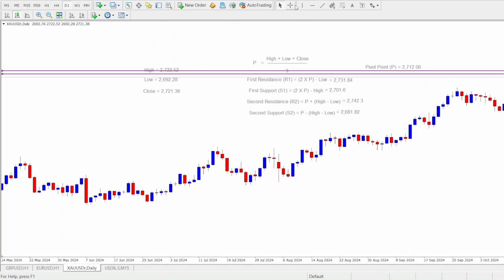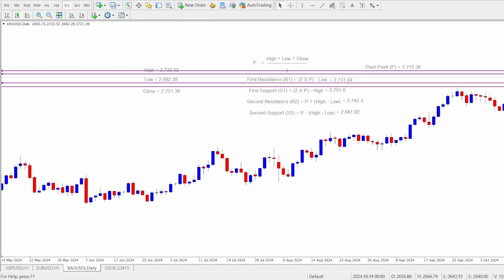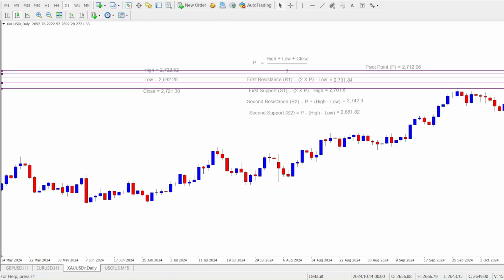Now as for our first support, we have it around 2701.6. And then we have our second support around 2681.82.